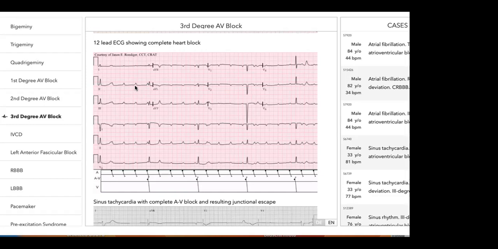So basically, here we see, for example, on the second lead, we have two Ps that don't have a QRS complex. So they conduct independently. The Ps, or rather the atriums, conduct on their own, and the ventricles conduct on their own. So there is no synchronization at all.